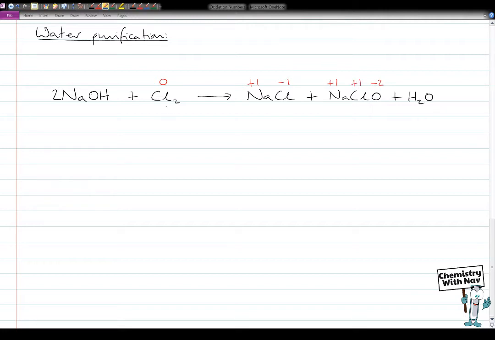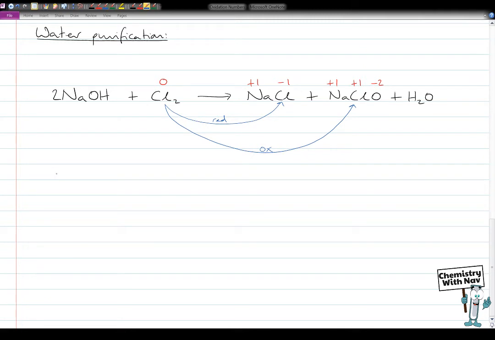And that means that we have a fairly special situation where we have a reduction in the oxidation number from 0 to minus 1, and we have an increase, or an oxidation, in the oxidation number from 0 to plus 1.